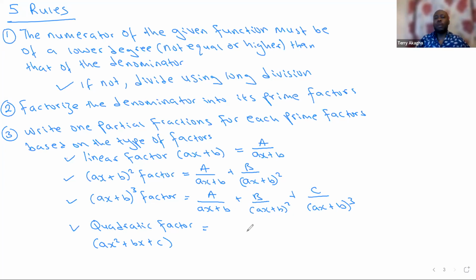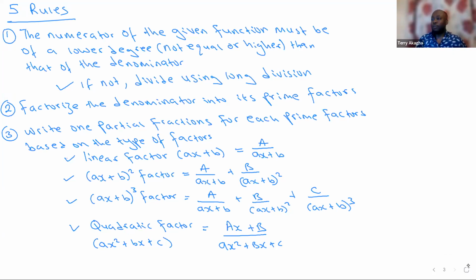Then you have to write it in the form of (Ax plus B) divided by (ax squared plus bx plus c). So this is the third rule: when you factorize the denominator, you write one partial fraction for each prime factor based on the type of factor.